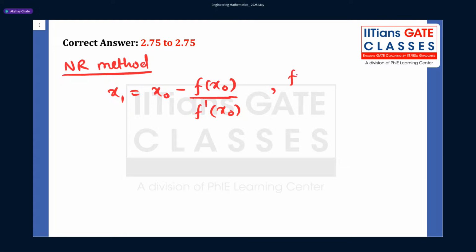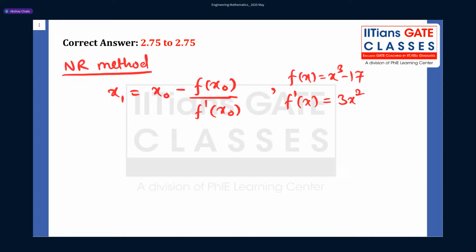Since your f of x is x cube minus 17, your f dash of x will be just 3x square, because 17 is a constant and its derivative is 0. So this is your first iteration. If they ask you to do the second iteration, then x2 will be x1 minus f of x1 divided by f dash of x1. Like that the index will keep on updating. But since here they are only asking x1, you need not do the calculations multiple times.